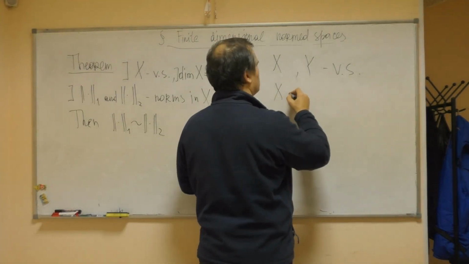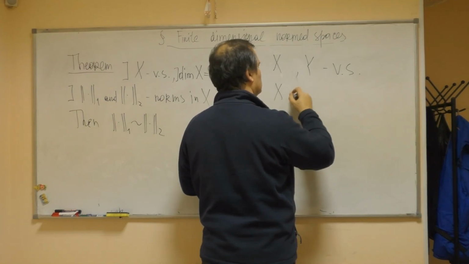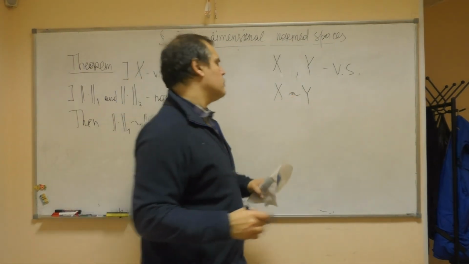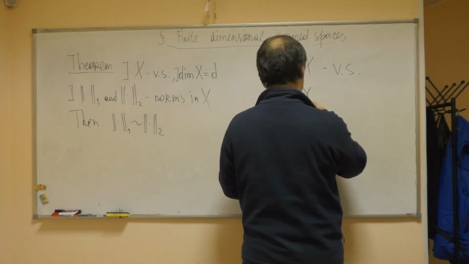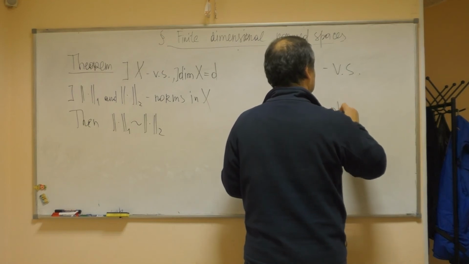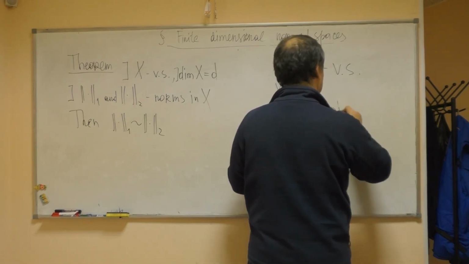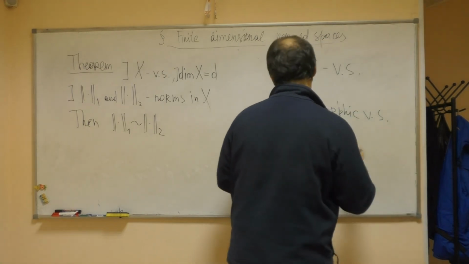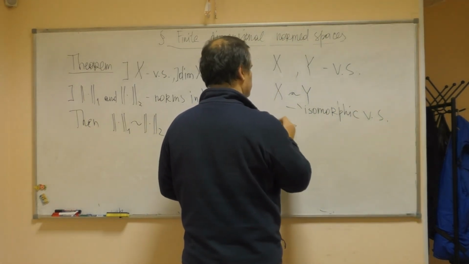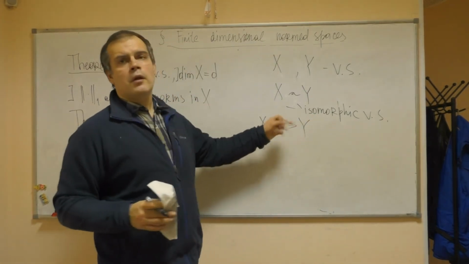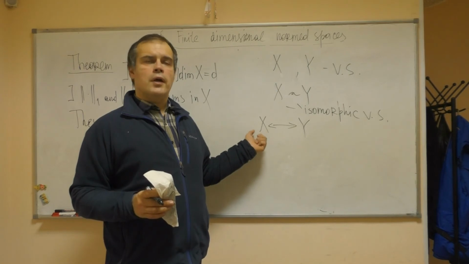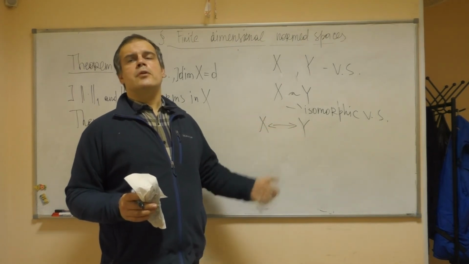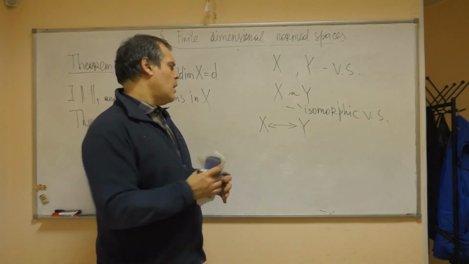These spaces are called isomorphic, and we write the same symbol as for norm, if we can establish one-to-one correspondence between elements of X and Y. So each element in X has a unique correspondent in Y, and each element in Y also has a unique correspondent in X.